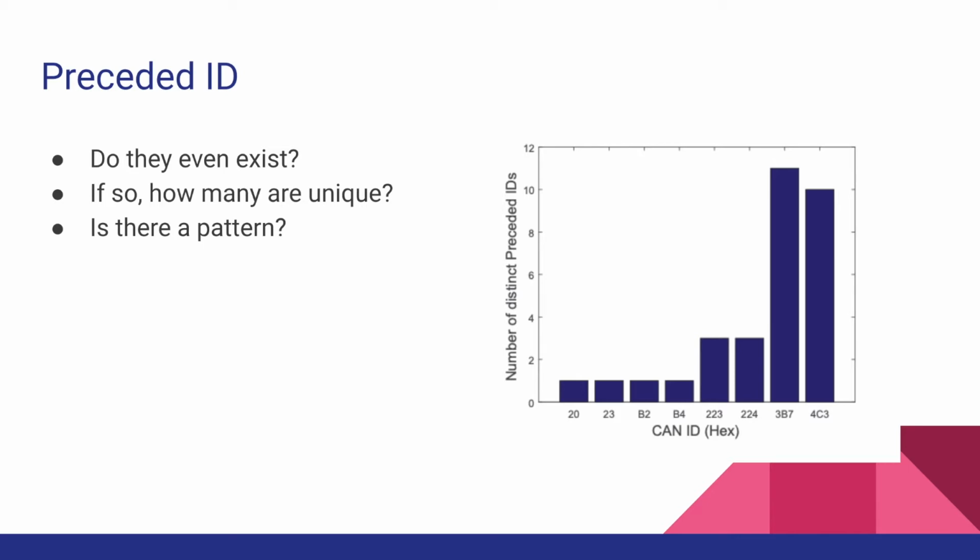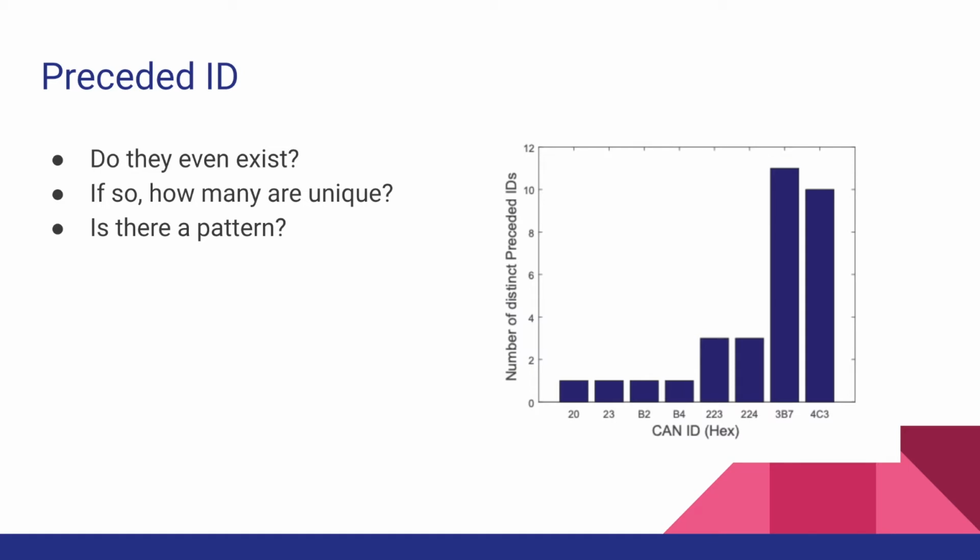So for example, 20, 23, 223, 3B7, etc. For instance, B2 had a unique preceded ID of B0, and B2 always followed B0, where both were sent every 10 milliseconds. On the other hand, a message such as 3B7 had 11 different kinds of preceded IDs.